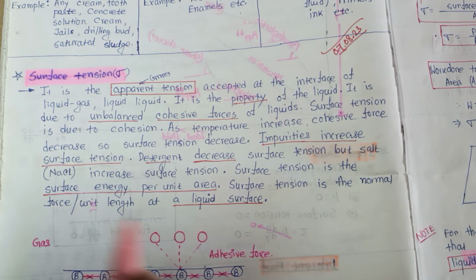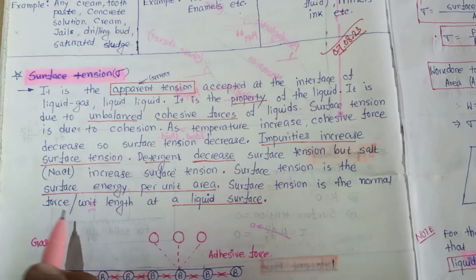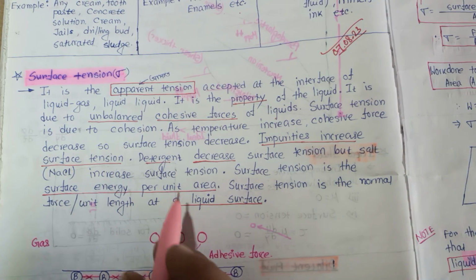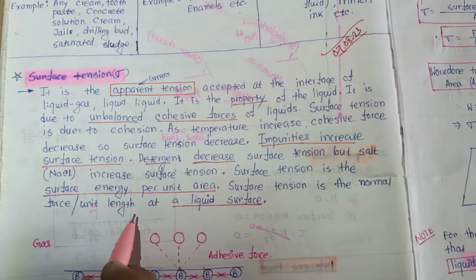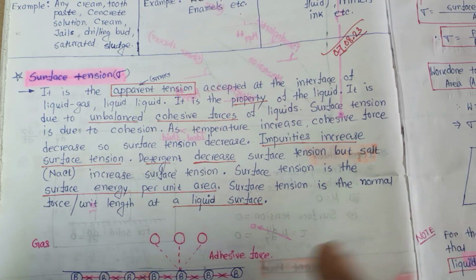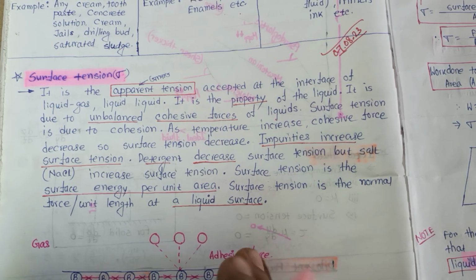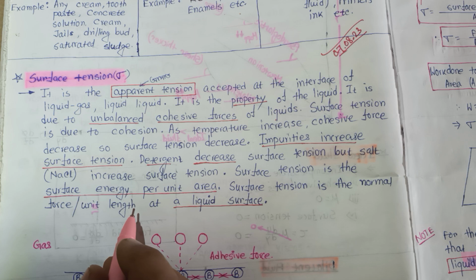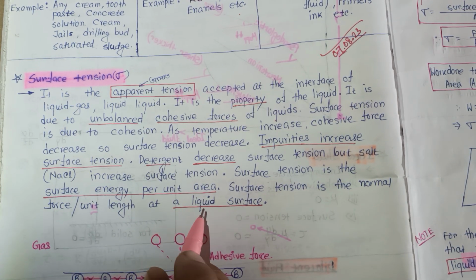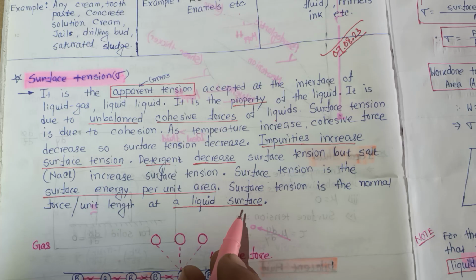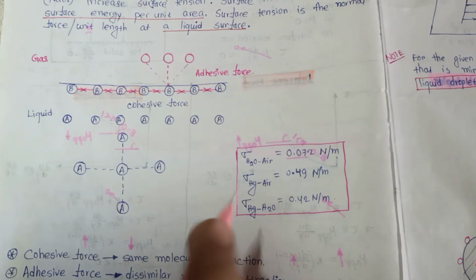Surface tension is the surface energy per unit area. This is also very important. Surface tension is the surface energy per unit area, and surface tension is the normal force per unit length at a liquid surface. Just remember this data.